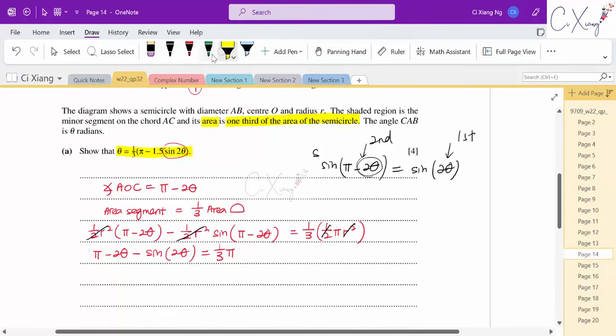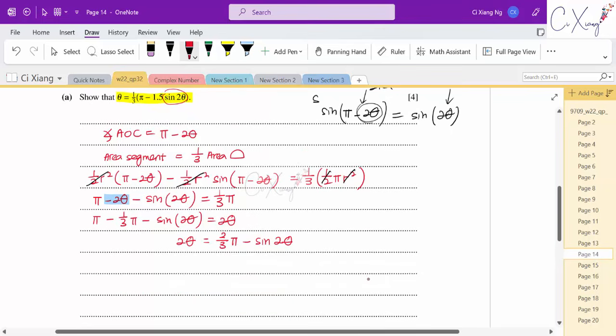So I want to move the negative 2 theta to the right hand side, then the pi over 3 to the left. My answer will look something like this: pi minus 1 over 3 pi minus sine 2 theta equals 2 theta. If I rewrite again, I'm having 2 theta equals 2 over 3 pi, then minus sine 2 theta.